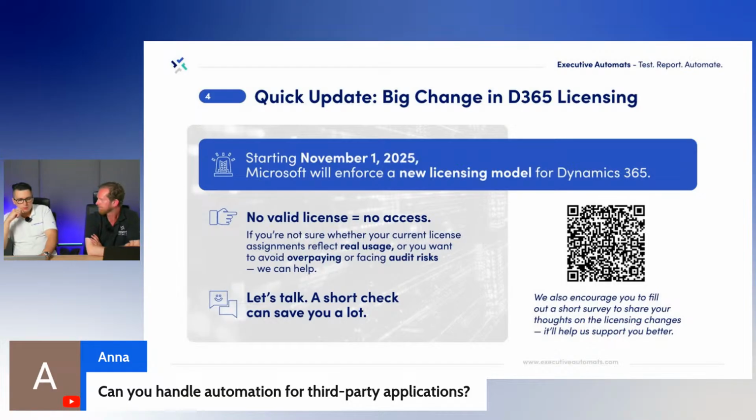We also had a few cases where we needed to make API calls as well. We are able to do it with Executive Automation through the advanced code functionality, which is built into the app. Yep, exactly, so it's doable. Good question, Anna.